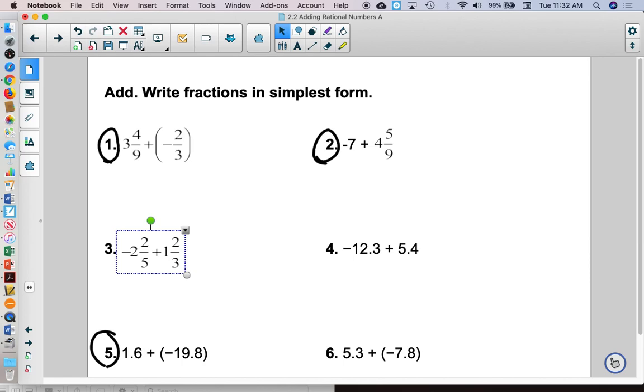No. Yes. This one's wrong. They're all wrong. Here, look. You don't change addition. You change subtraction, remember? Okay?